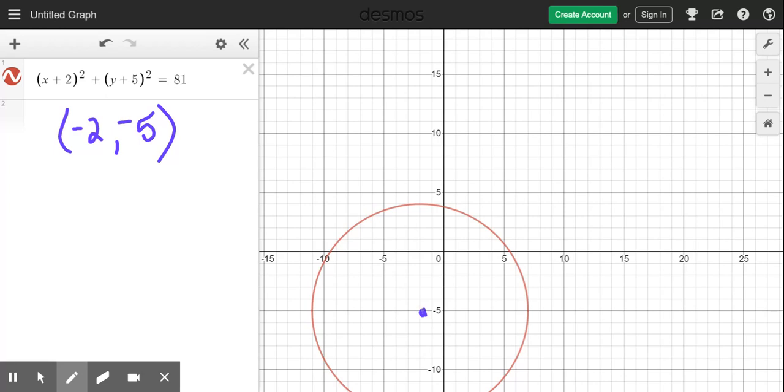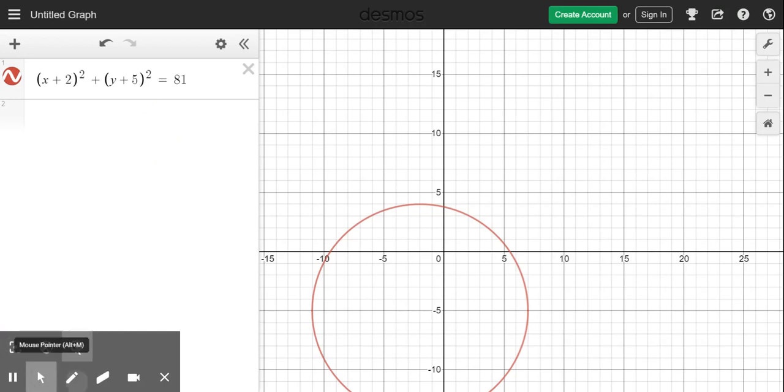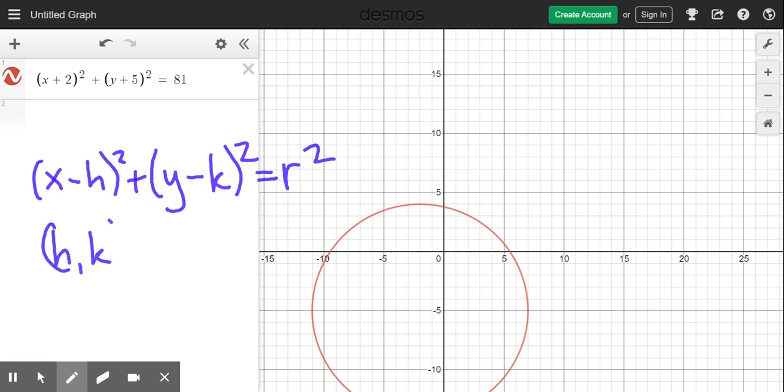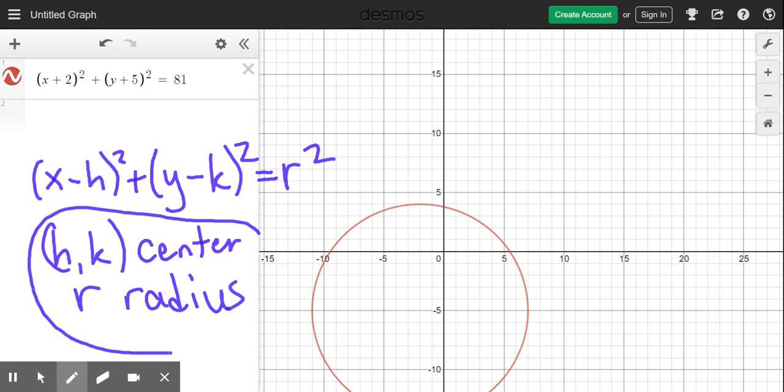So once again, the general formula of a circle is x minus h squared plus y minus k squared equals r squared, where h, k is the center, r is the radius, and all of these are constants.